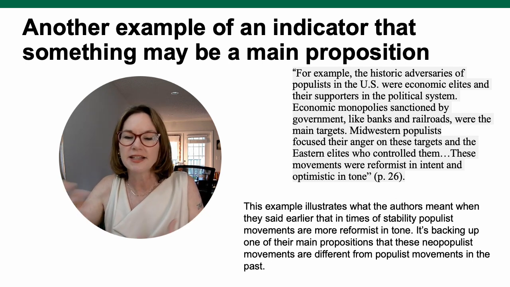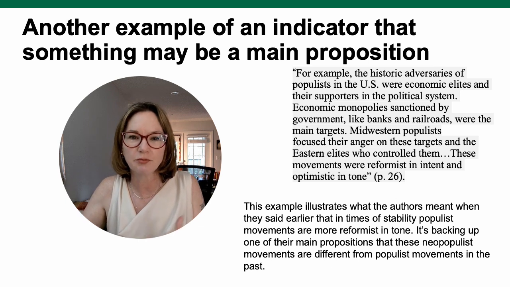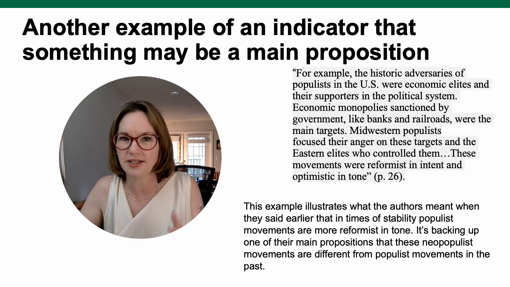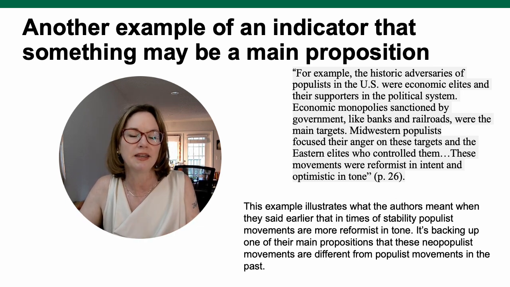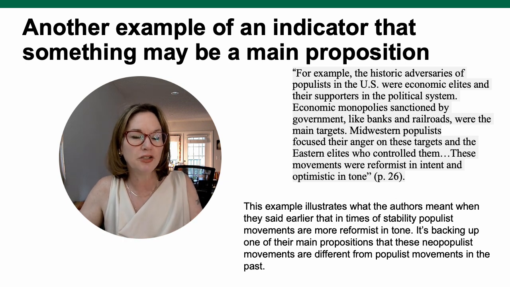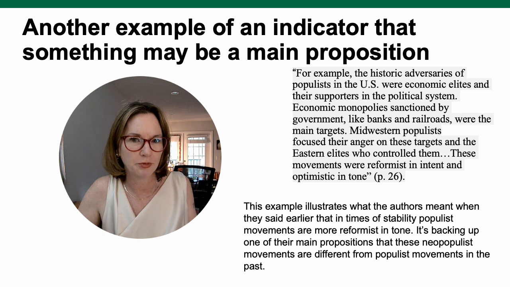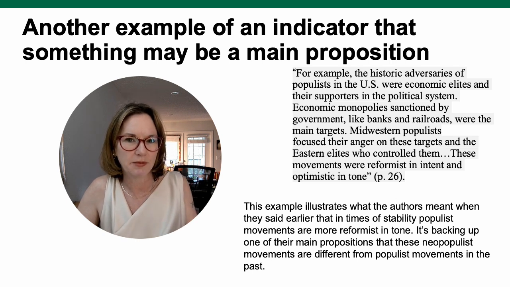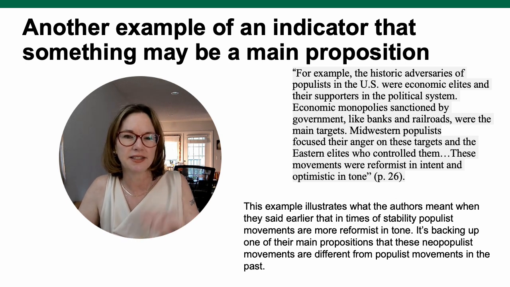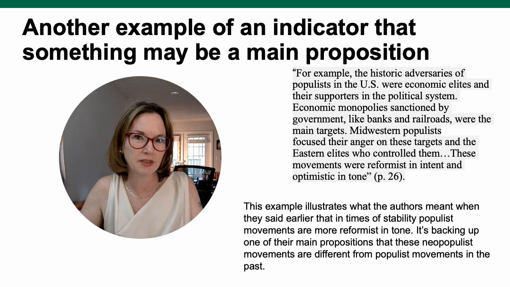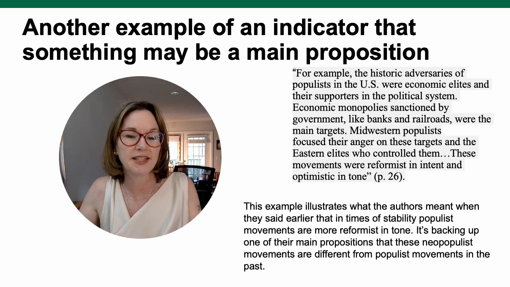Okay, so that's one of their key points. So it's important to remember that it's not the example that is the proposition, but usually the example is pointing you to the proposition. Ask yourself, why is the author providing me an example here? What is it that they're trying to get me to understand? In this case, it's the difference between populist movements in the past and populist movements today.